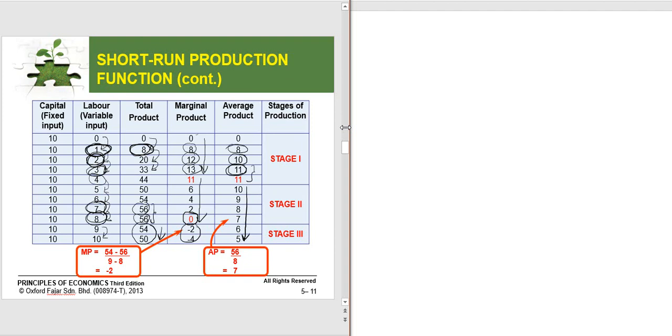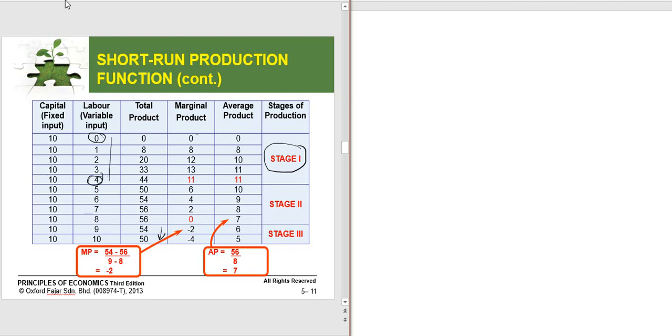So how do we divide the 3 stages of production? The first stage will start from zero production. Let me clear this first. The first stage is from zero labor until the number of labor that will no longer generate additional marginal product, meaning your marginal product will no longer increase.